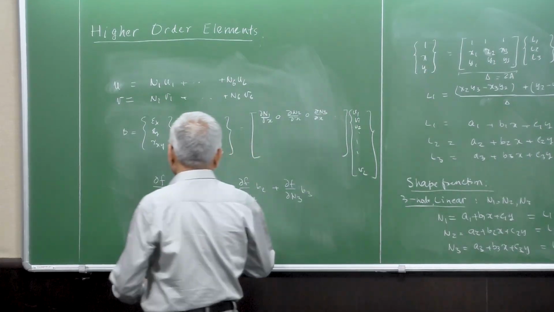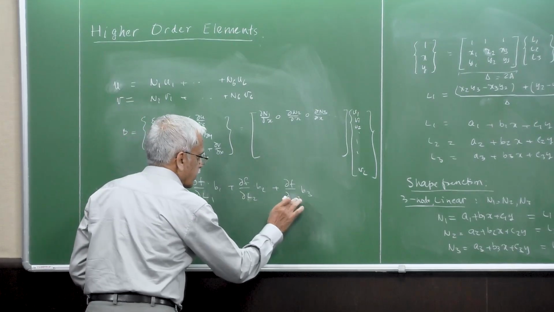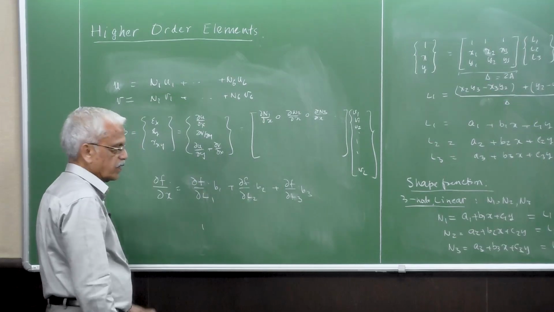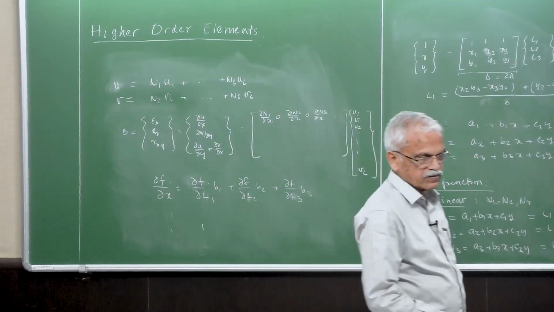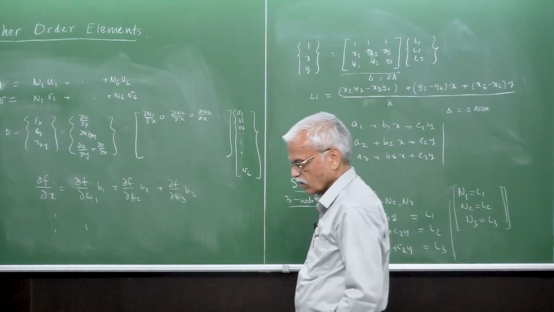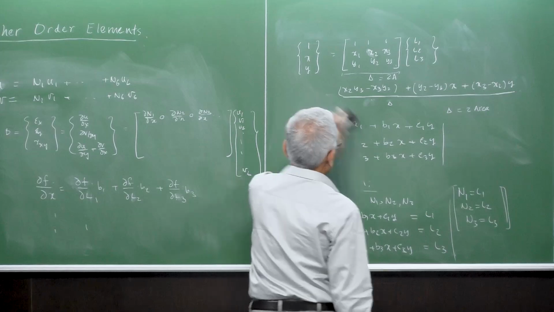I'm sorry, these are L1. Take the derivatives with L1 and then convert into x. So you can get the derivatives in x, and then of course there is also a small integration. I'll just give it.